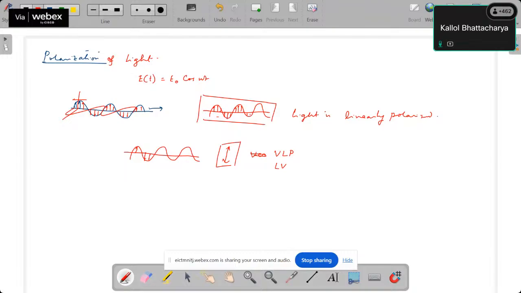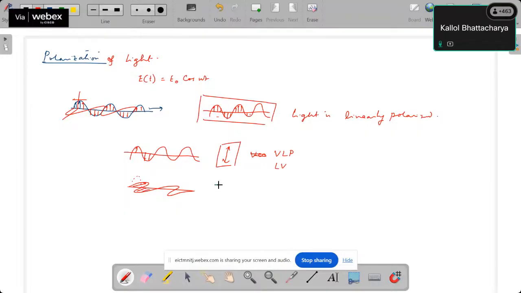Okay. Now it can so happen that the electric field is moving not in the plane of this whiteboard, but normal to the plane of the whiteboard, like this. So the magnetic field and the electric field have interchanged. The magnetic field must be something like this. Now, if this is so, then the electric field is moving in this plane, which is normal to the plane of the board.